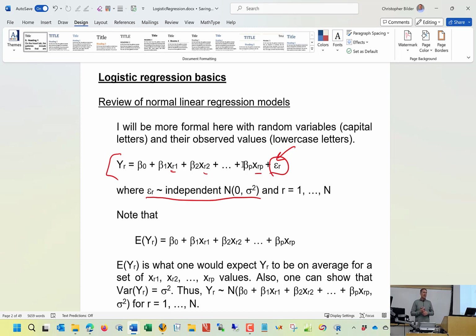The mean is 0, meaning on average your error is 0. But how much those errors deviate from 0 is dependent upon simply a variance, which we'll just call sigma squared. Also note that we have independence here, meaning that one observation essentially is not going to affect another observation. We have a capital N different observations.